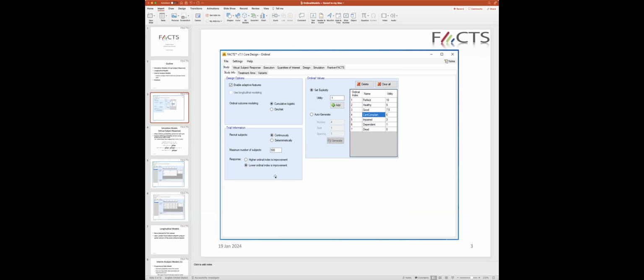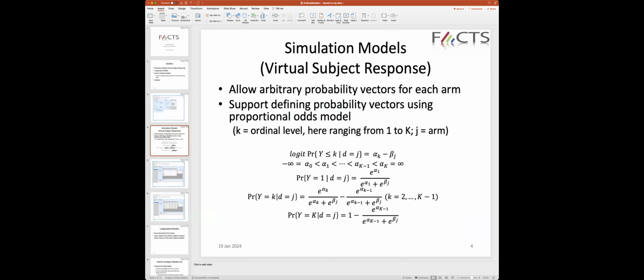So here's a case where we've defined a variable where the lower index is the best case, and each endpoint value worse than the lowest index is progressively worse. So okay, once we've defined what the endpoint looks like, we can start talking about how to simulate that endpoint. And just to hopefully scare everybody a little bit, I included a few equations here, but don't worry about those.